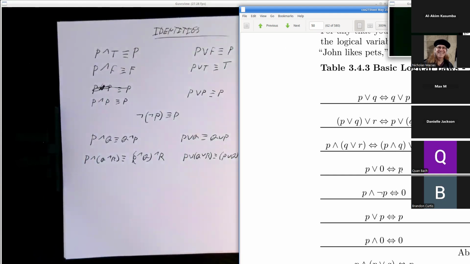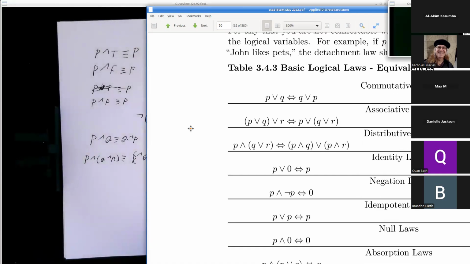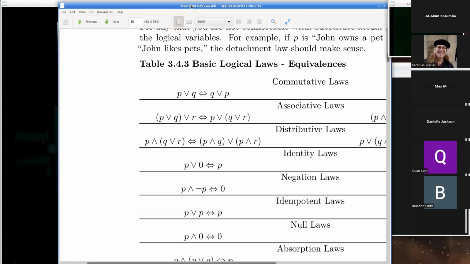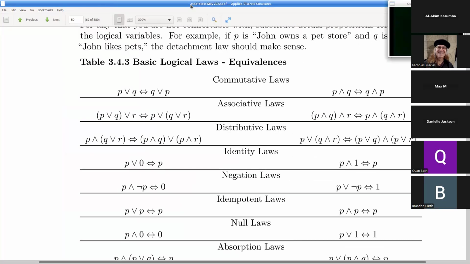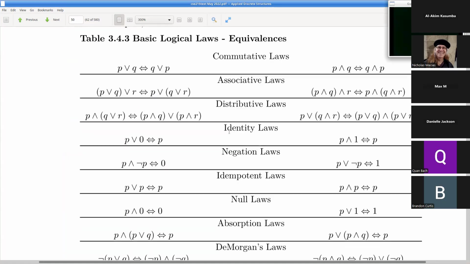So two lines going in both directions. They use that for logical equivalence. I'm using a triple equal sign. So there's variation in notation. 0 for false, 1 for true, and so on.